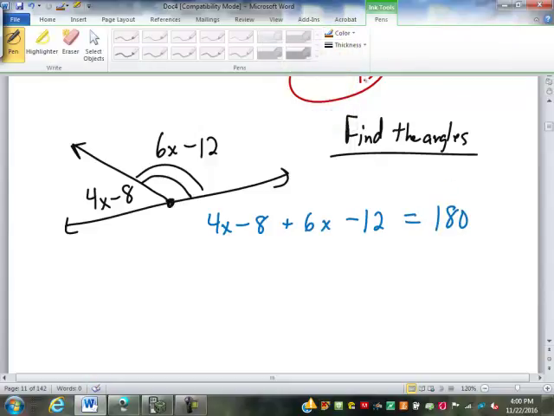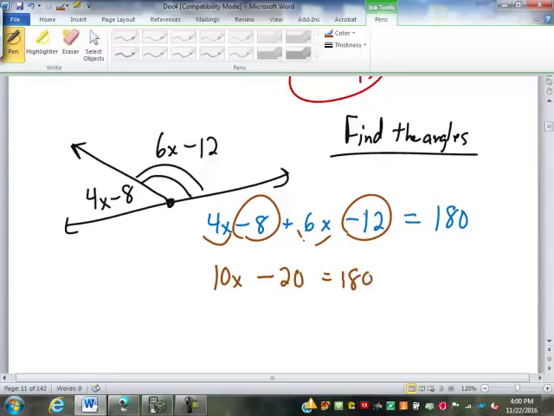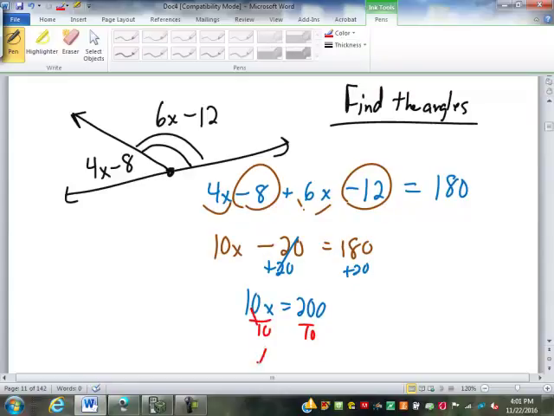So we're going to combine like terms. 4x and 6x make 10x. Negative 8, negative 12, negative 20. And then add 20. So 10x equals 200. And then divide by 10. So x equals 20.